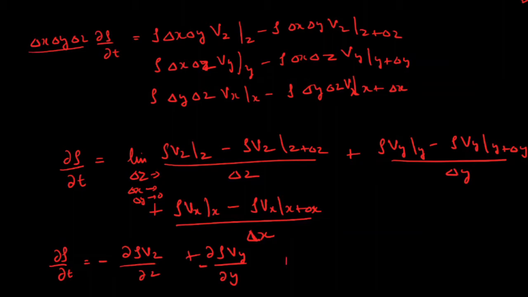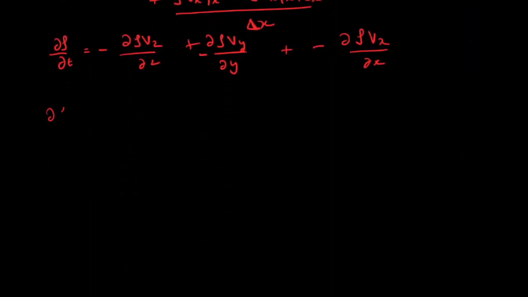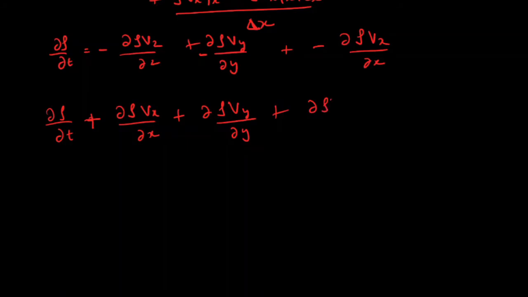So this becomes del rho by del t plus del rho Vx by del x plus del rho Vy by del y plus del rho Vz by del z equal to 0.